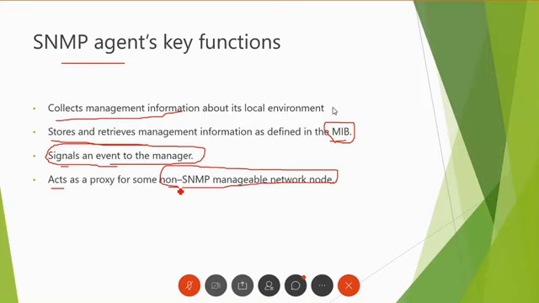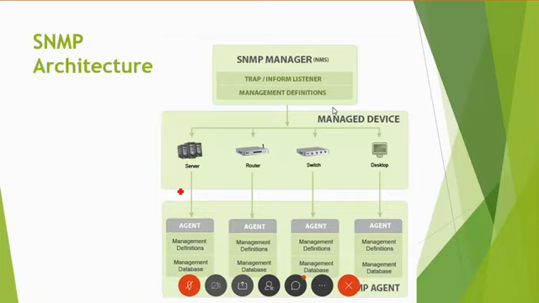So server, client, and agent software. Whatever we have discussed, the SNMP manager is a server we call NMS. You can see the messages that come are trap message, inform message, and management definition. What can the SNMP manager do?